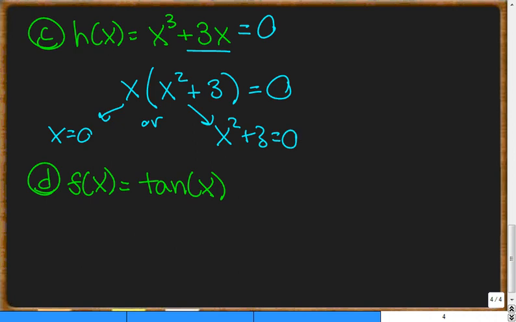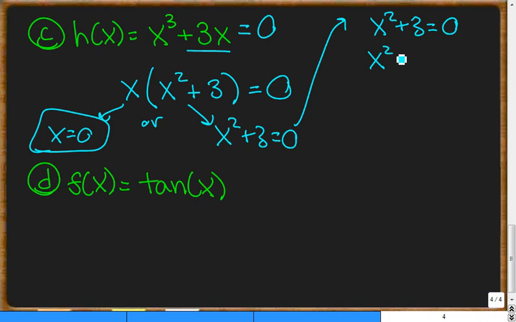Now this is an interesting issue here because this is a 0 and an intercept. This, however, is not, right? This will create 2 imaginary numbers because if we go up here, x squared plus 3 equals 0, we would get x squared equals negative 3, and so x would equal positive or negative i times the square root of 3.